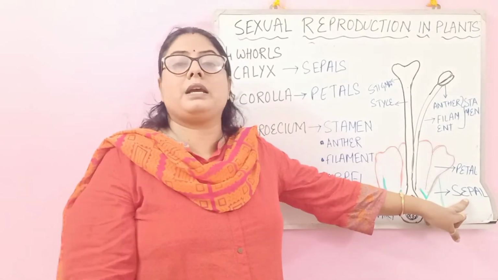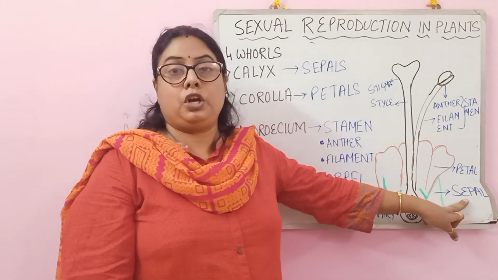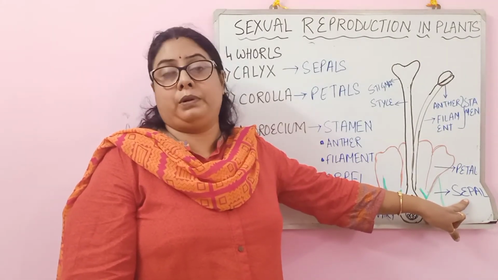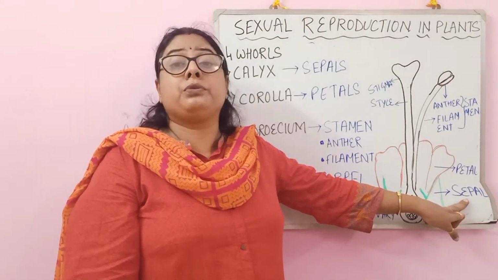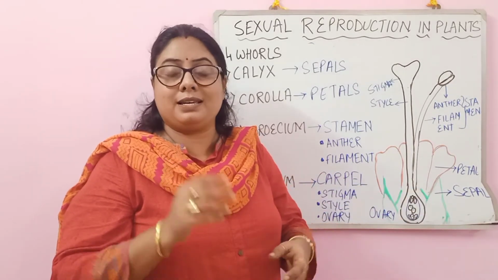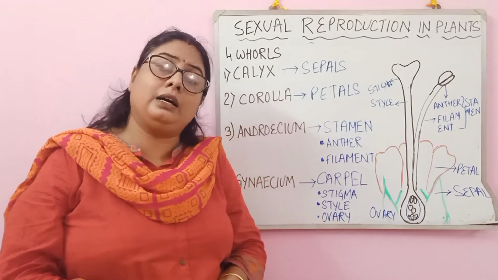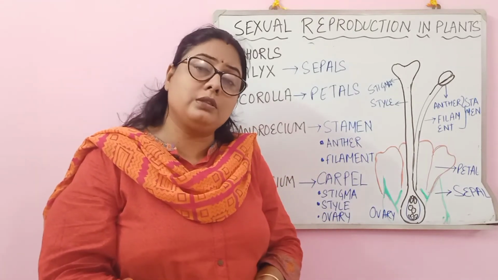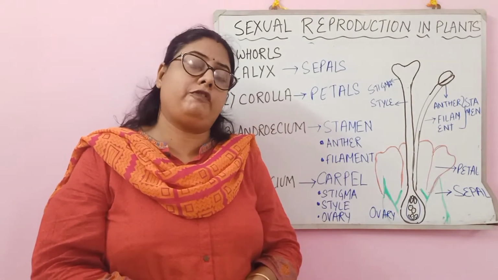All the sepals taken together form the calyx. The function of sepal is to provide protection to the flower when it is in the bud form. And since it is green in color, it also photosynthesizes and provides nourishment to the growing flower.